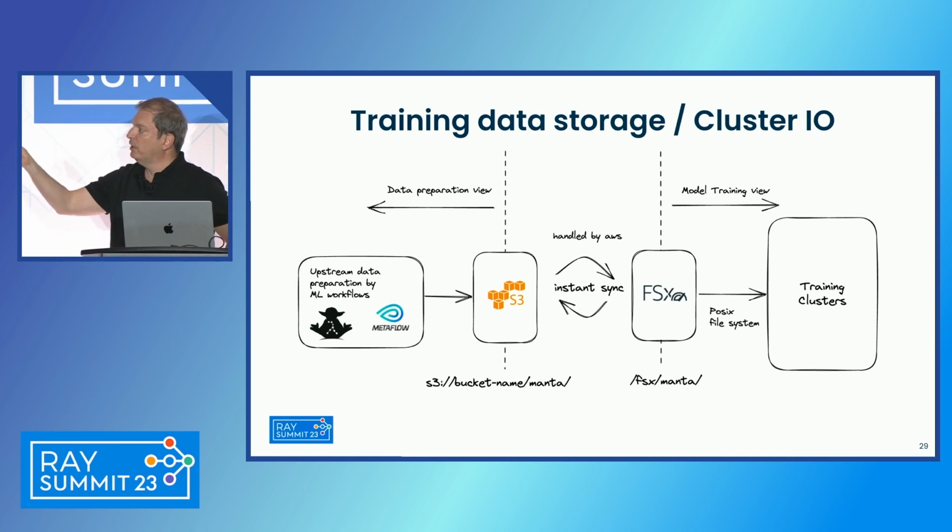And we ask them to toss the data into a certain bucket, and this bucket is synchronized with FSx. So from the training cluster view, when you deploy a job, you have the data immediately available in a POSIX location in a file system, /fsx/something. So we decouple the data producing jobs from the training jobs by having this instant synchronization between FSx and S3.